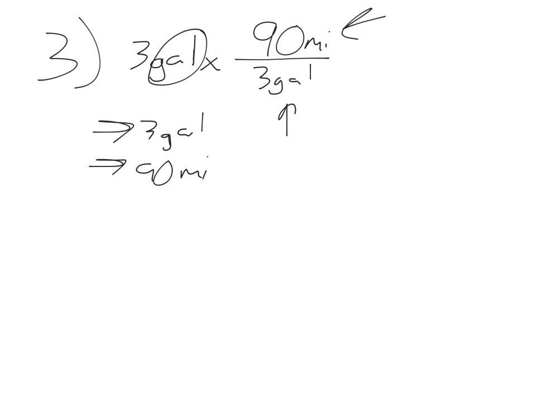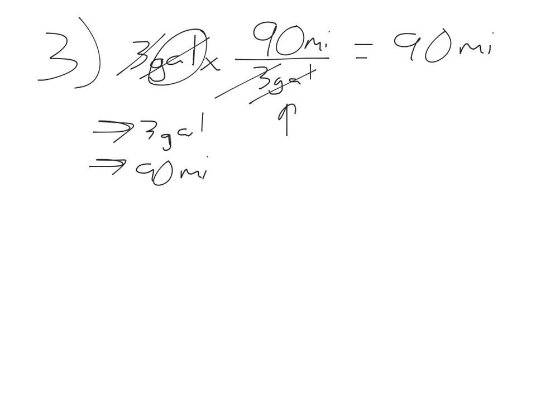Those were the numbers that came out of that one car trip. Now that I have that in place, I can just multiply. Gallons on top and gallons on bottom will cancel. 3 over 3 will cancel. And then I'll just have 1 times 90, which is just 90 miles.